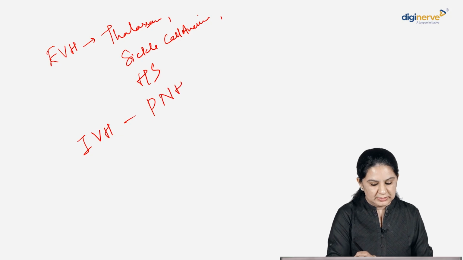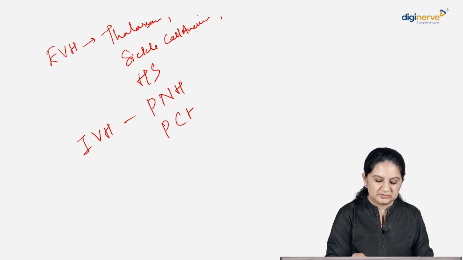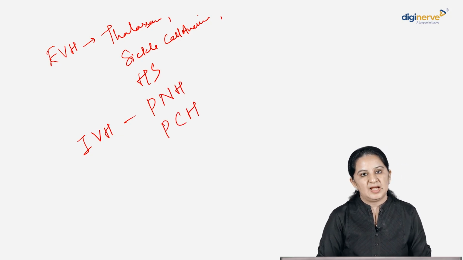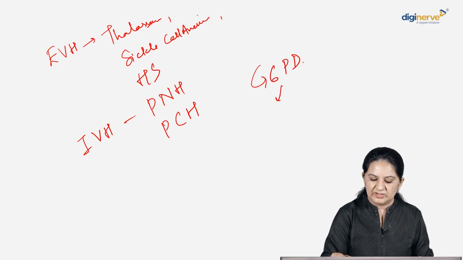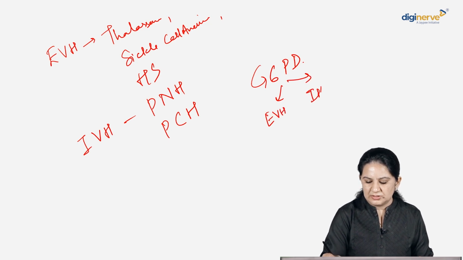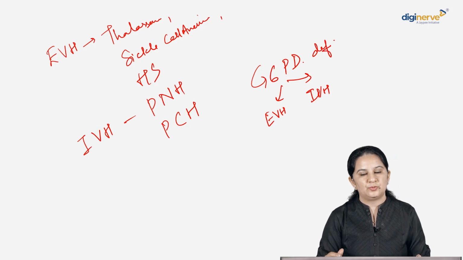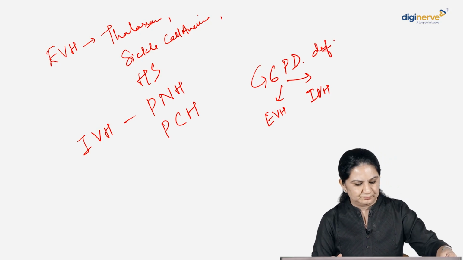Paroxysmal nocturnal hemoglobinuria, paroxysmal cold hemoglobinuria. And any disorder where you can see both EVH and IVH? G6PD, where you see both extravascular and intravascular hemolysis. Alright, so G6PD deficiency, you see both types of hemolysis.